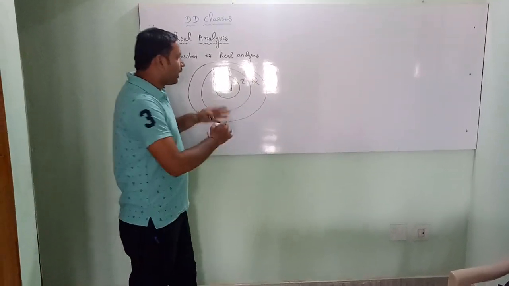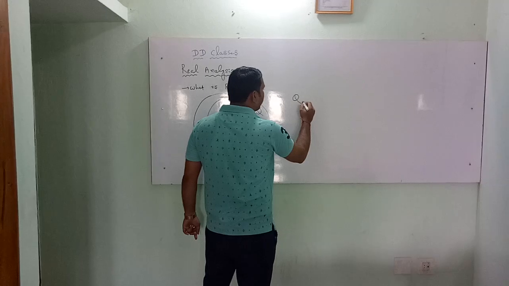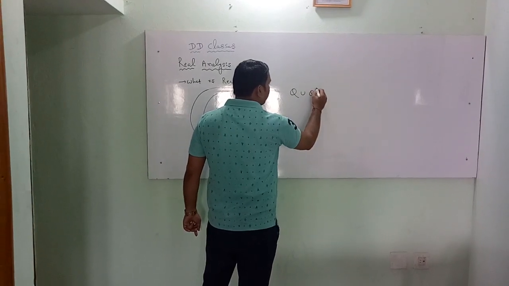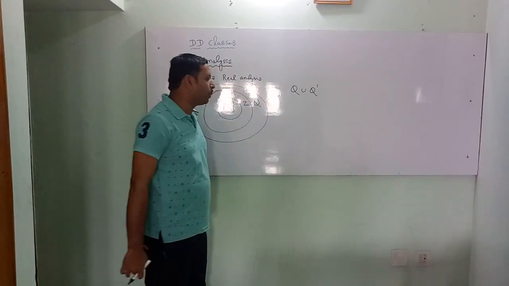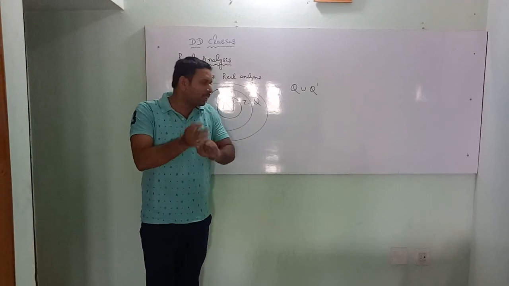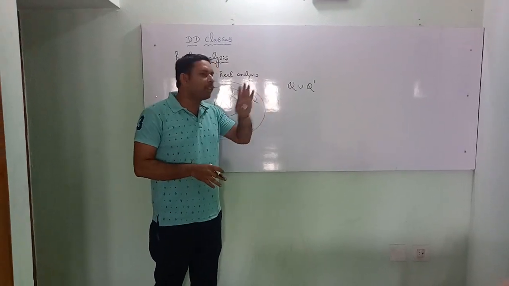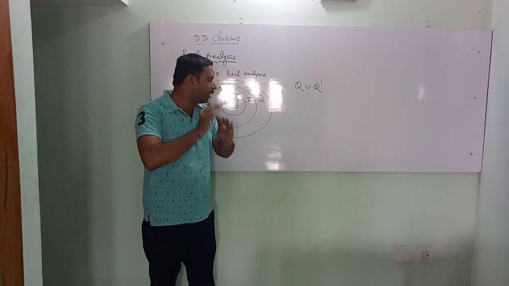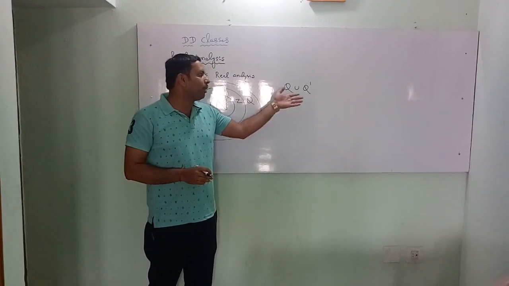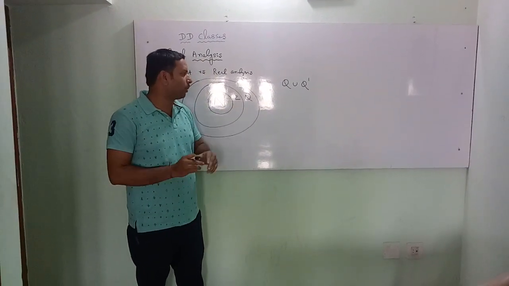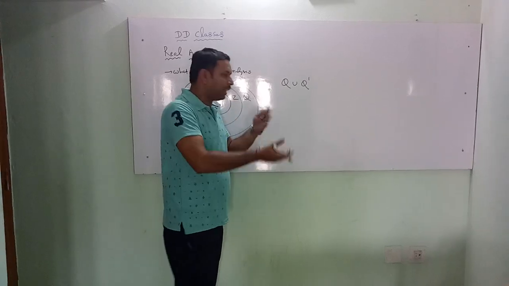And the set of rational numbers, together with the set of irrational numbers, that is the complement of Q. Any real number may be rational or may be irrational, but it cannot be both. It is either rational or irrational.